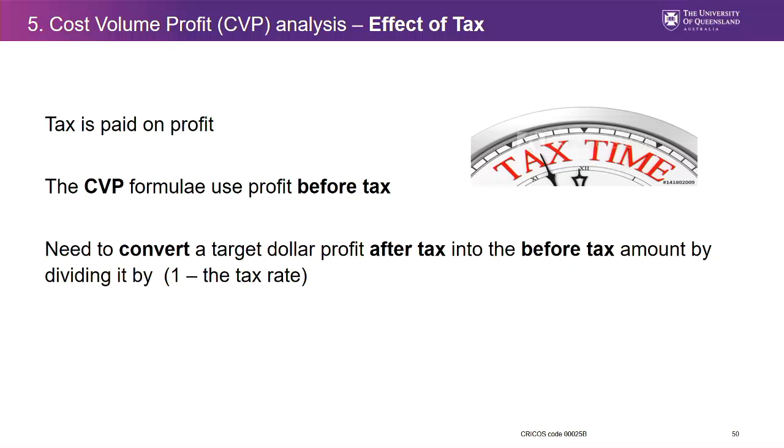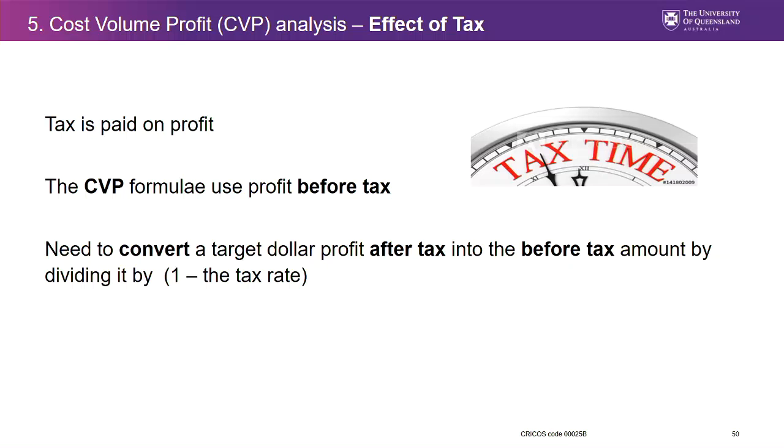So I hope you're all familiar with how to gross up. In some questions, they will ask you how to get to a targeted after-tax profit. If they provide you with the tax rate, you just gross up to before tax and then use exactly the same equation. To gross up, you divide your after-tax profit by 1 minus the tax rate. Is everyone familiar with that?